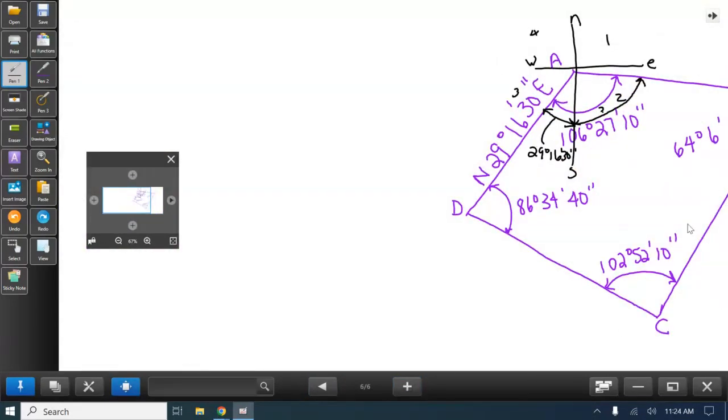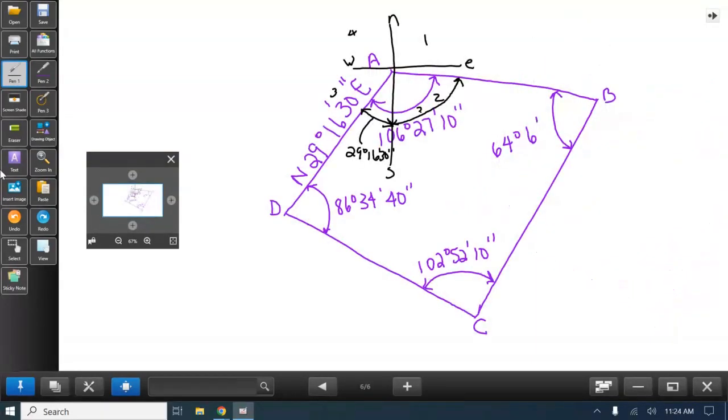I don't know how I slid that. I don't know how to get it back. You could try hitting Control Z. Try Control Z. So like hit undo. There it is. Okay. Good thought.